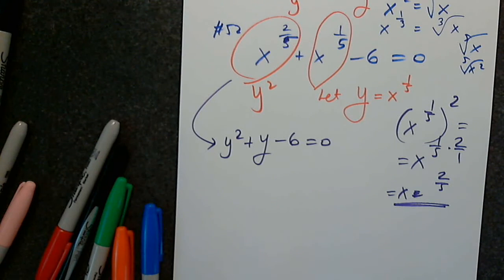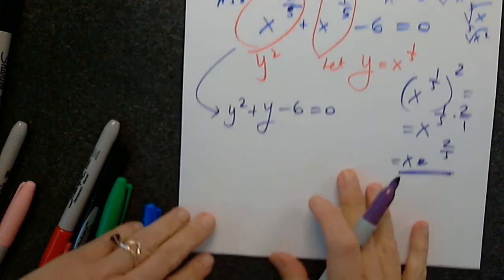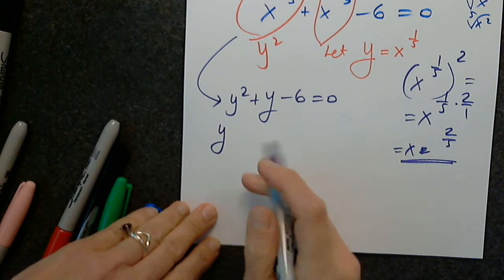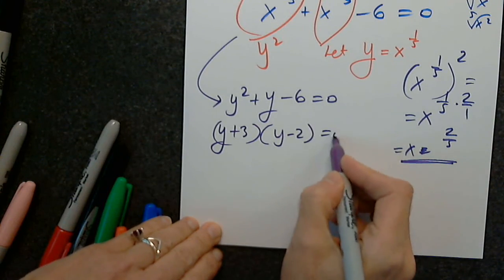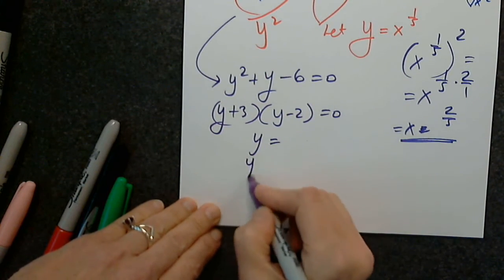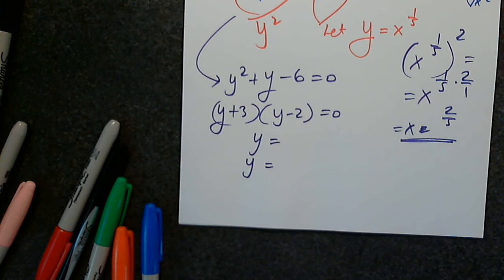How do I solve this one? Very good. y plus 3 and y minus 2. The product is -6 and the sum is +1. Perfect. So there are two options for y, and you can say who cares about y? Well, we do.